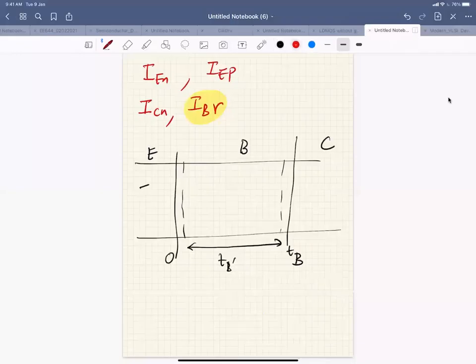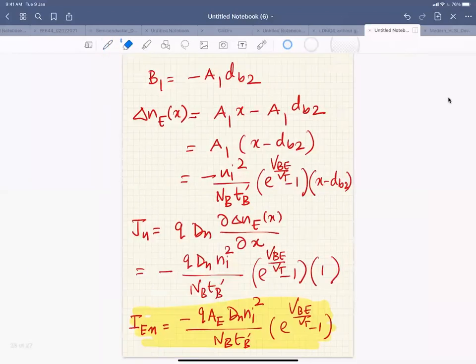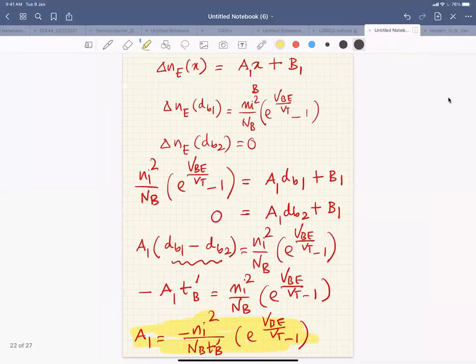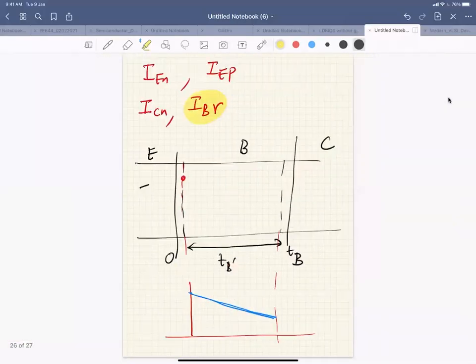So if you look at the excess minority carriers, if I plot them from this side to this side, this will follow a straight line, because if you look at the equation, delta NEX is A1X plus B1, which is nothing but a straight line, right?